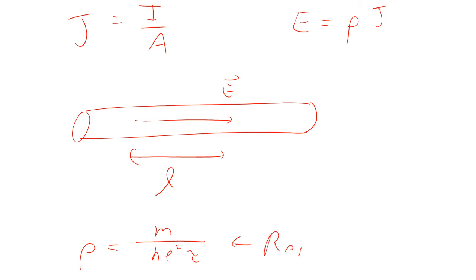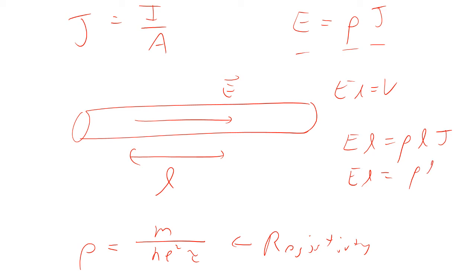Again, we call that resistivity. And so what happens is if I multiply E times L, that's going to be my voltage. So if I multiply both sides by L, then I have that EL equals rho LJ, or EL equals rho L over A times I.